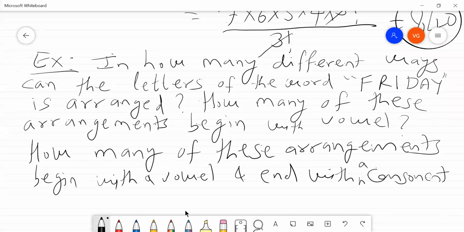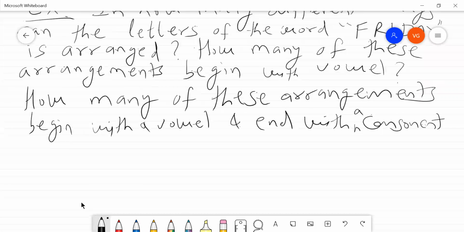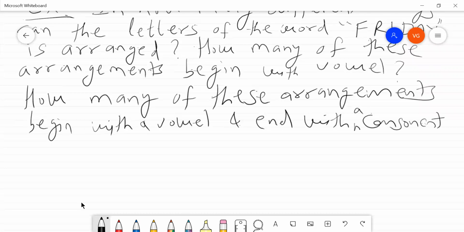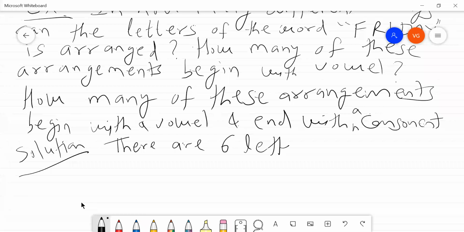How to solve such type of problems? Now see here, in the word Friday, how many letters are there? Solution. There are 6 letters in the word Friday.